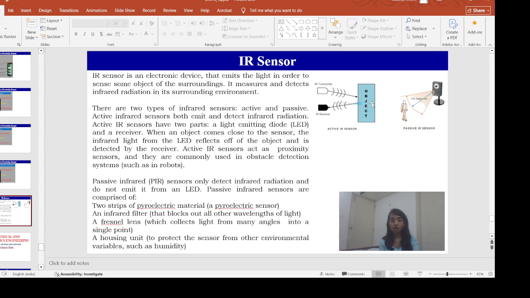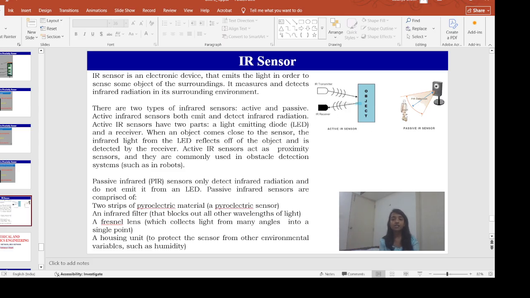It falls on the object, then the light is reflected back from the object and it is detected by the receiver. So this active IR sensor acts as a proximity sensor that we have just discussed, and they are commonly used in obstacle detection systems like robots.